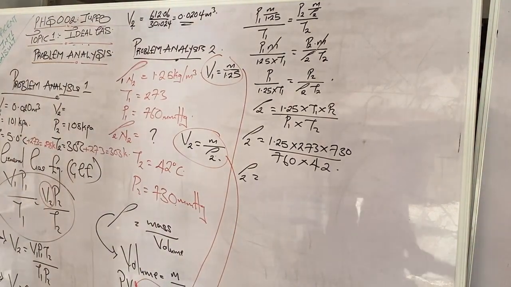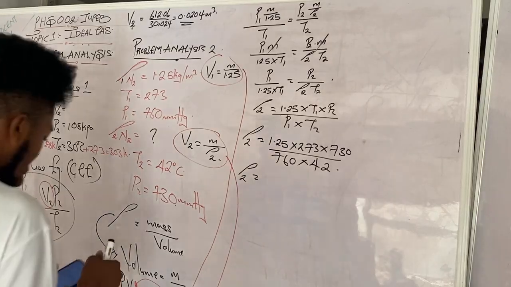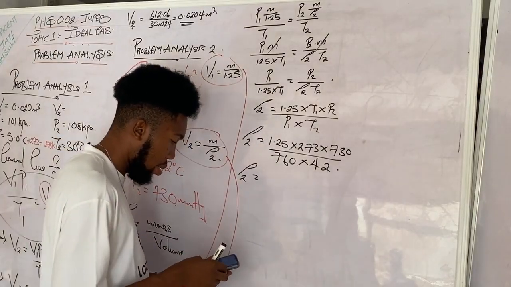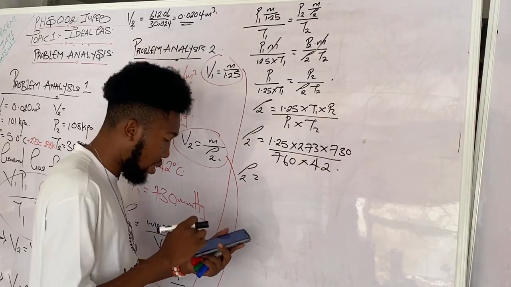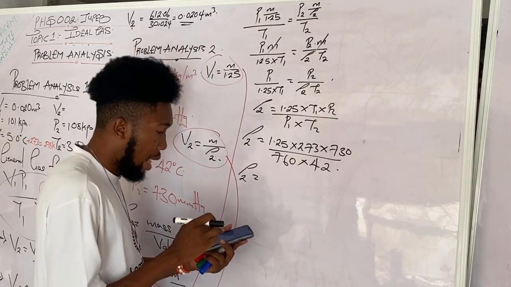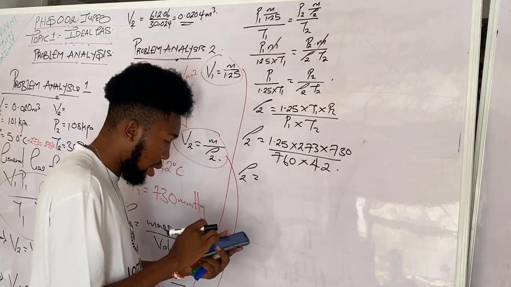Let me quickly use that. So we have 1.25 times 273 times 730.